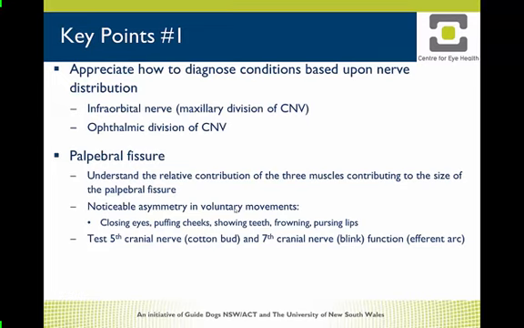So what I've tried to demonstrate in this part of the lecture is that if you have an understanding of the different components, you can then understand the ocular disease, for example, herpes zoster ophthalmicus, and investigate changes that occur secondary, and the example I gave of the seventh cranial nerve.